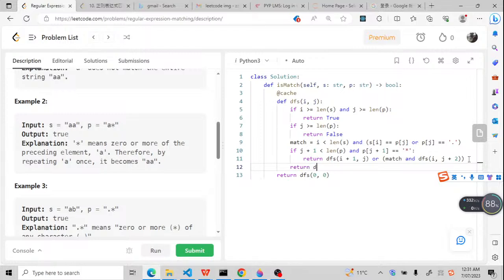We need to return DFS i plus 1, j plus 1 if match, else we return false directly. So the problem is the code is not so long, but it's very difficult to understand the star part.